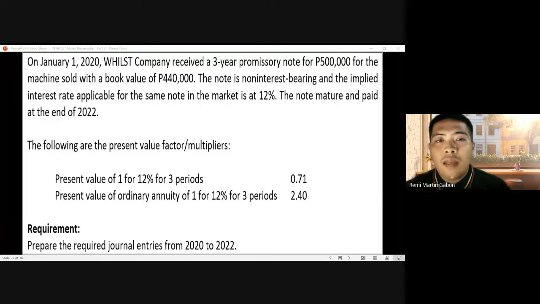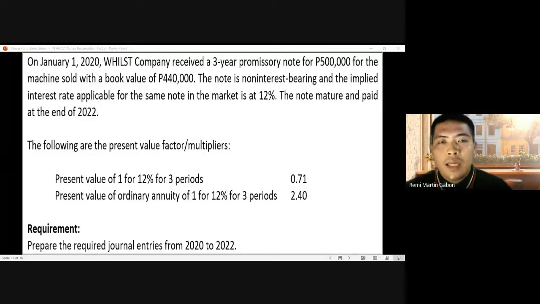But if it is semi-annual, one annual period is equivalent to 2 semi-annual periods. So if we assume that the 3 years is on an annual basis for the realization of interest and the principal, for example interest only because this is on a lump sum basis, therefore 3 years equals 3 periods only.